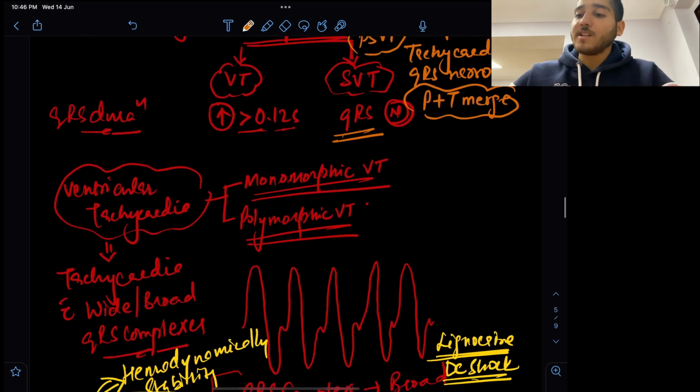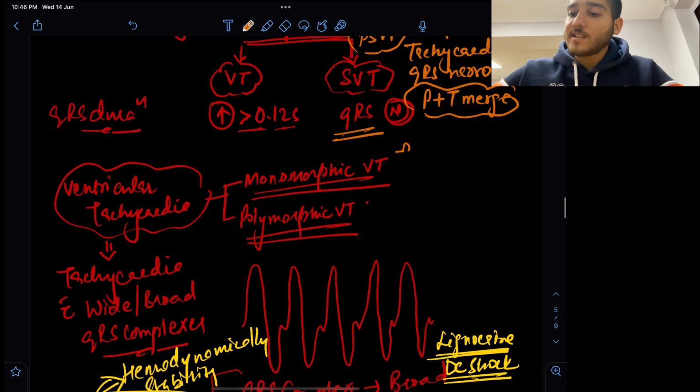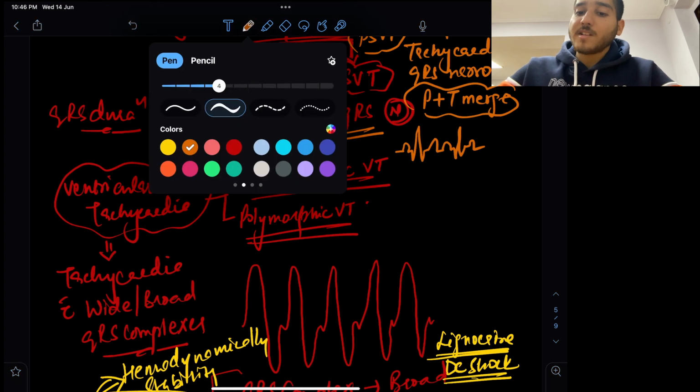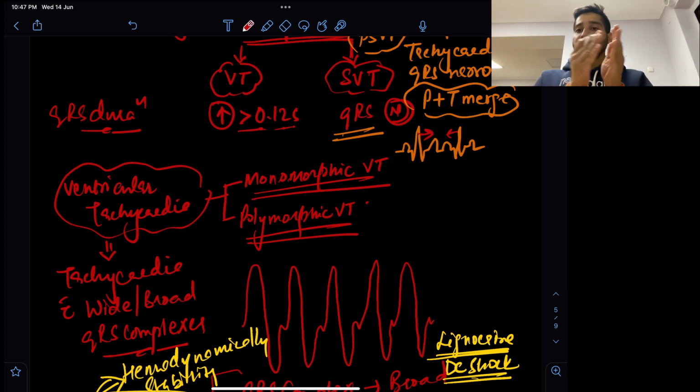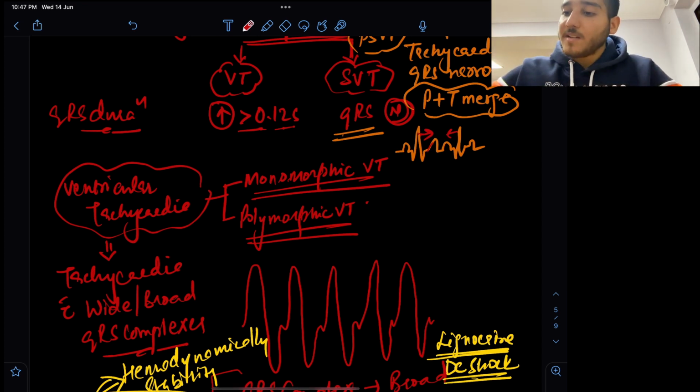And why do these waves merge? Let's say this is a normal PQRST. Again PQRST. If in this patient there will be tachycardia, this R and R will come nearer to each other, right? And these P waves and T waves will merge with each other because of this tachycardia. So they will look like this.